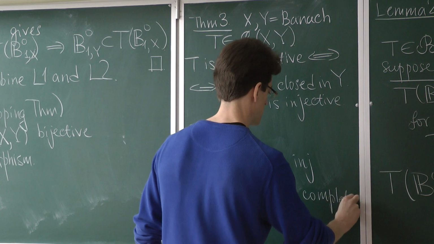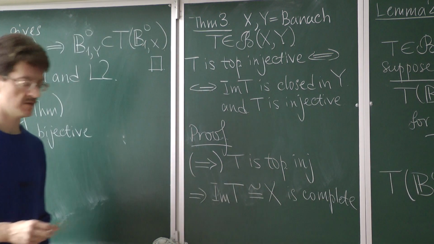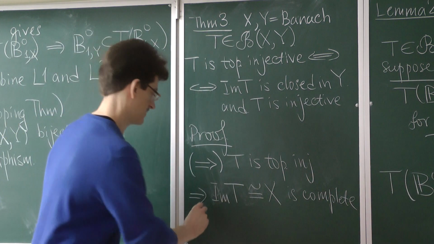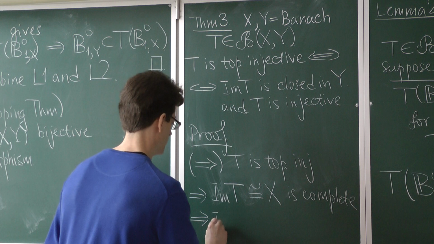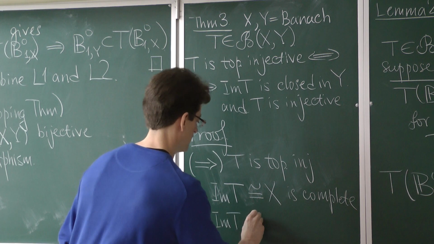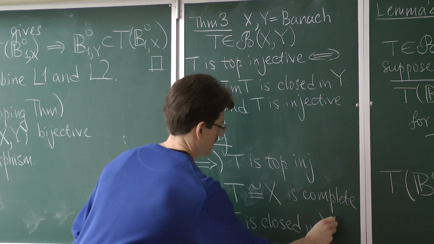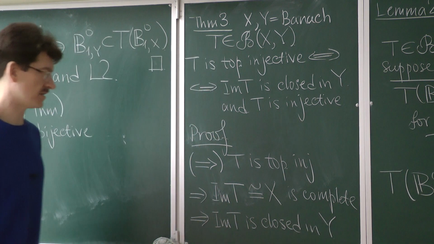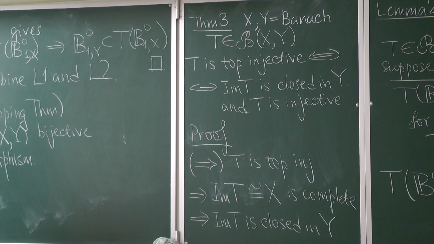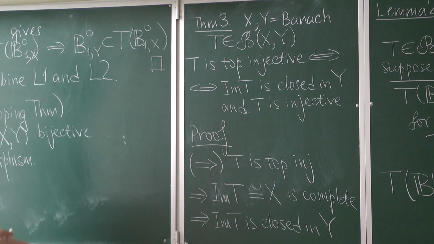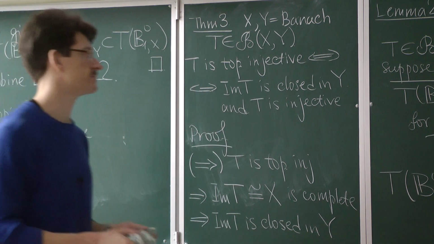And a complete metric space is closed in any bigger space. This implies that the image of T is closed in Y. And by the way, here we didn't use the assumption that Y is a Banach space. Only the completeness of X is essential here.